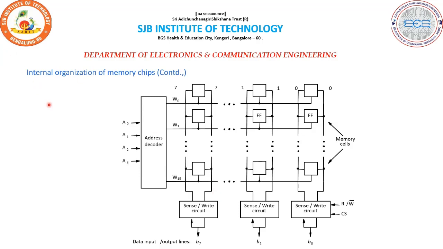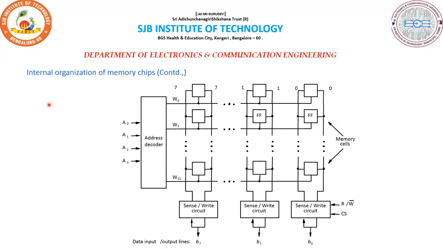So here you are able to see that a 128-bit memory requires 14 external connections for the address, data and control lines. Now consider a slightly larger memory unit, 1K, that is 1024 memory cells.